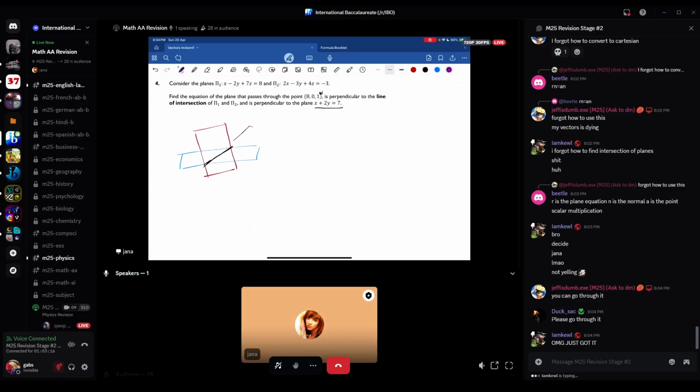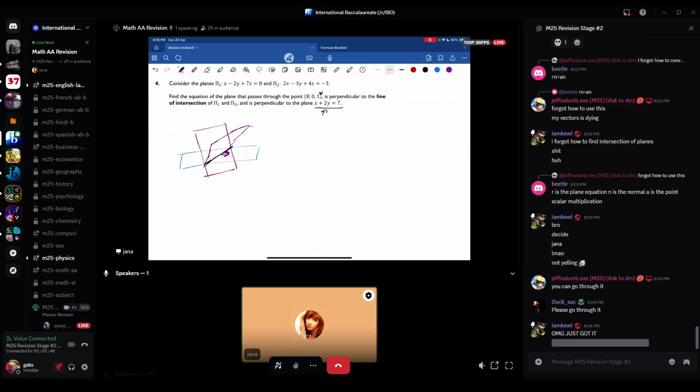How do I even draw that? I'm good at art, just not this art, so bear with me. But it's perpendicular, okay? We also want it to be perpendicular to this plane right here.